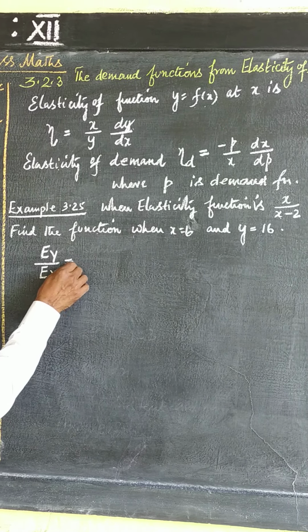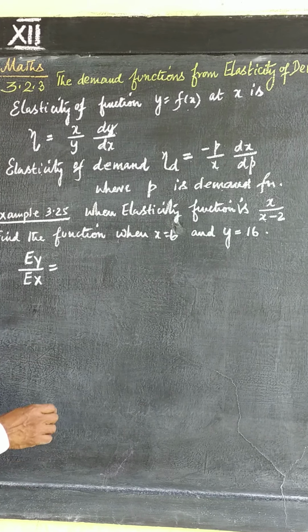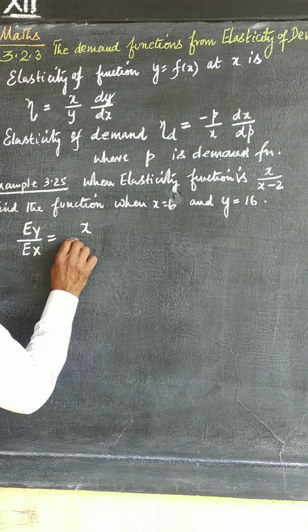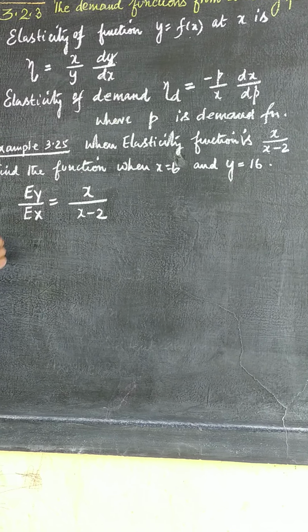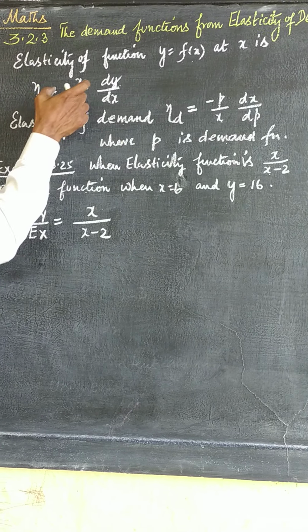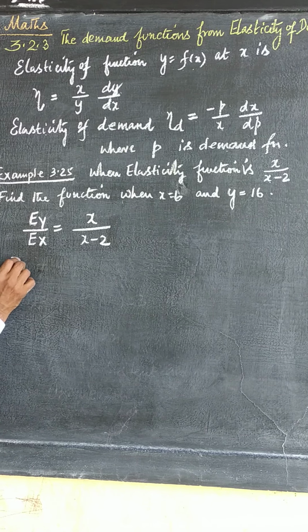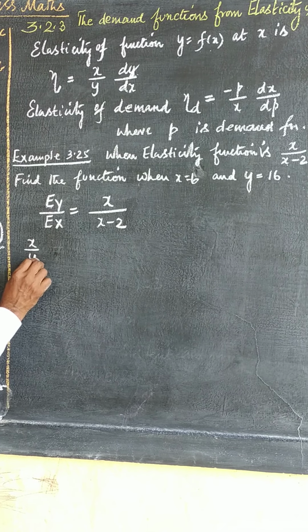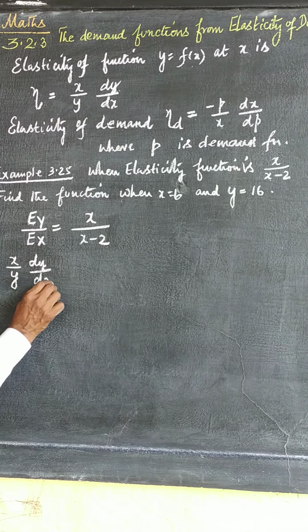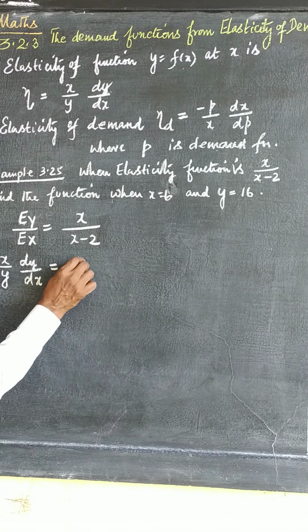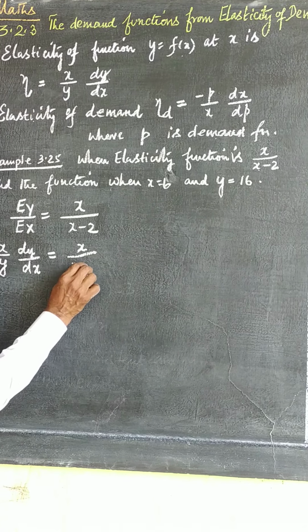We know that Ey by Ex is given as x by (x minus 2). This is the elasticity function. But the elasticity function formula is x by y dy by dx is equal to x by (x minus 2).